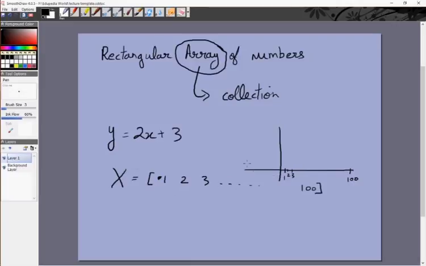Once I have established that X is an array which includes the integers between 1 and 100, I could simply input the equation y is equal to 2x plus 3 into that software, and it would automatically give me y as an array of 100 numbers, where each number has the value of 2x plus 3, with x being the corresponding initial number. So the first one will be 2 plus 3, 5, then 4 plus 3, 7, then 6 plus 3, 9, and so on until the last value.